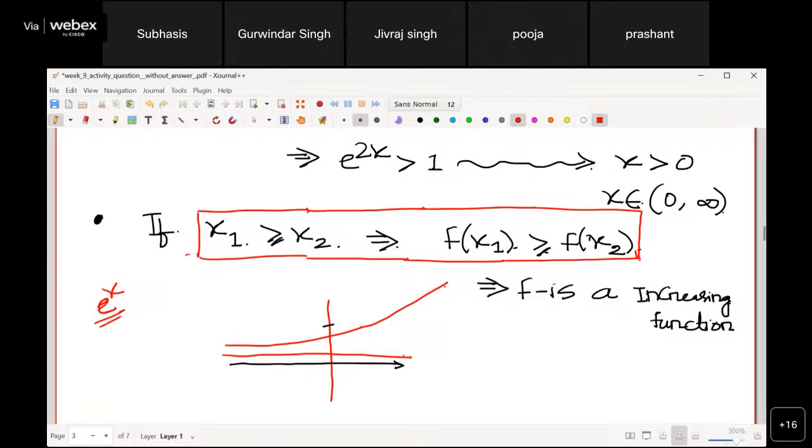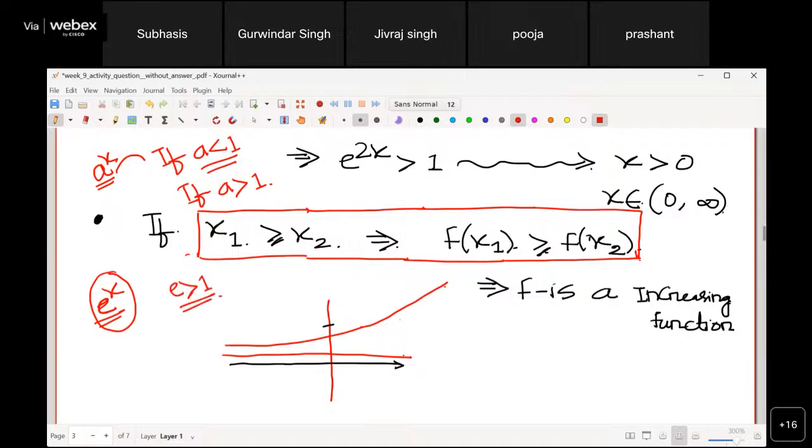If you are talking about a to the power x, this function can be decreasing if a is less than 1. But if a is greater than 1, then the function is increasing, which is the case here, because e is greater than 1.